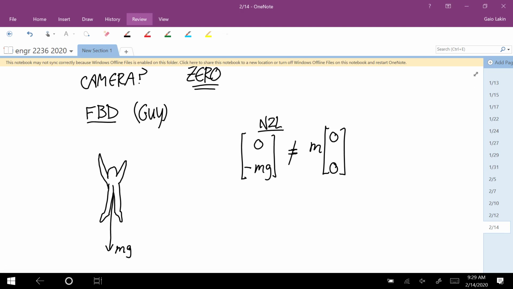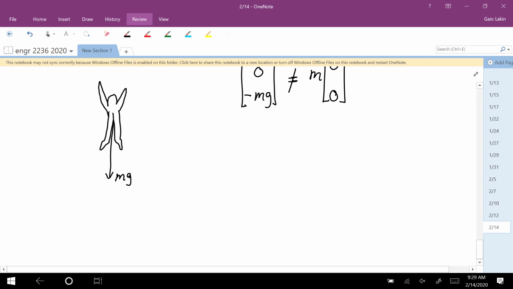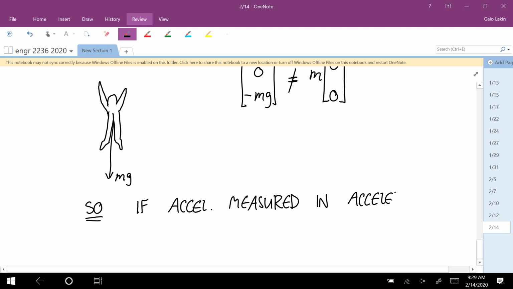By the way, let me write this. If the acceleration is measured in an accelerating coordinate system, Newton's second law doesn't hold. This just shows an accelerating origin, but this is also true if the coordinate system is rotating.